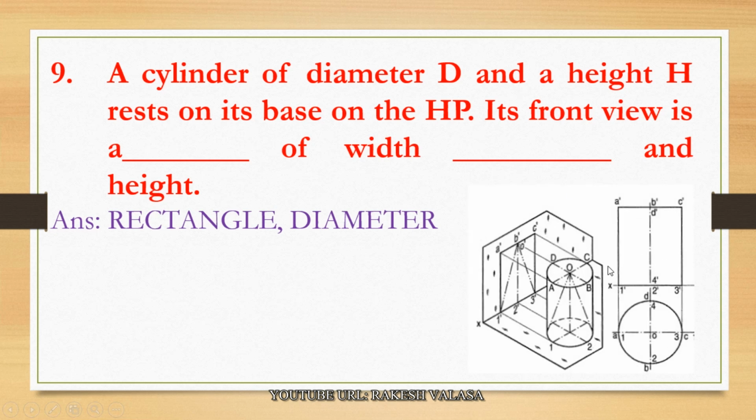Here I have taken one solid with diameter D and height h. With its base on the HP, its front view appears like a rectangle, and the width is the circle diameter, that is the cylinder diameter D. So the first blank is rectangle and the second blank is diameter.